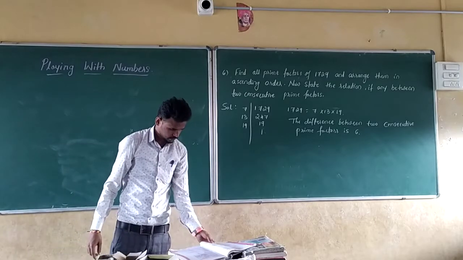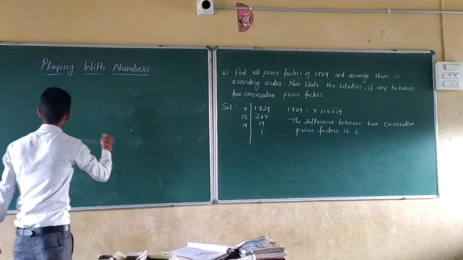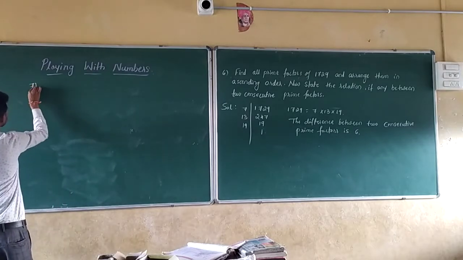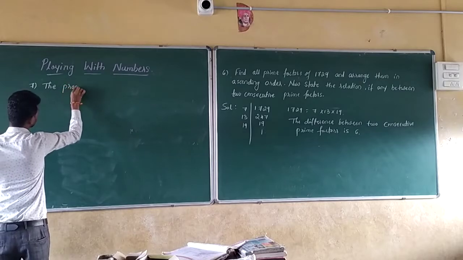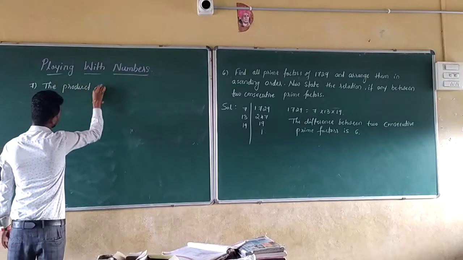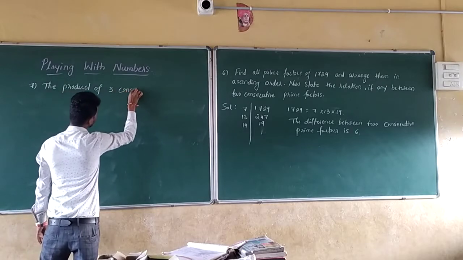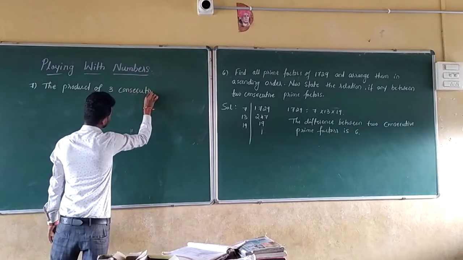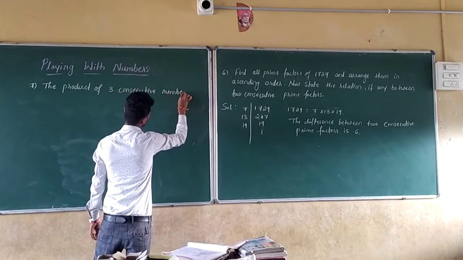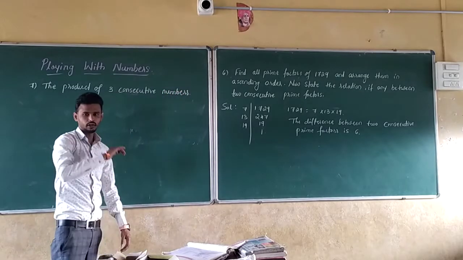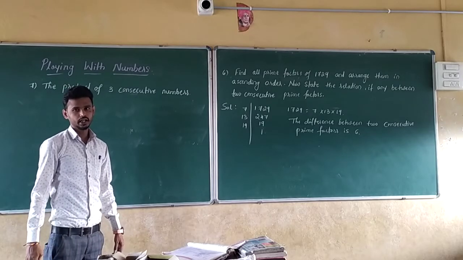So what is it? The product of three consecutive numbers is always divisible by 6. Consecutive means serial wise, like 2, 3, 4, 4, 5, 6, 8, 9, 10, like that.